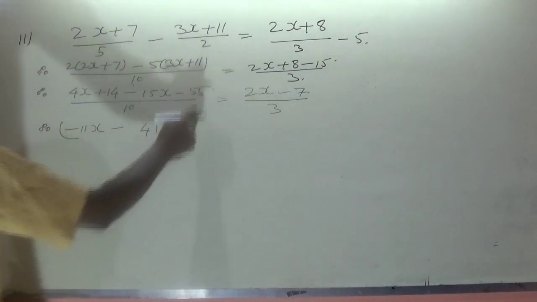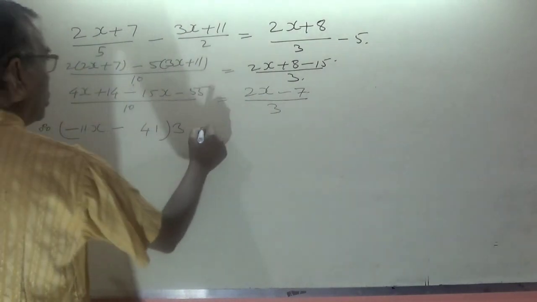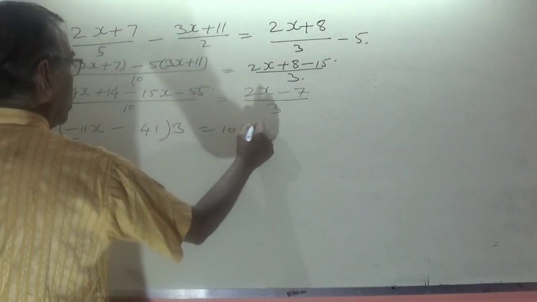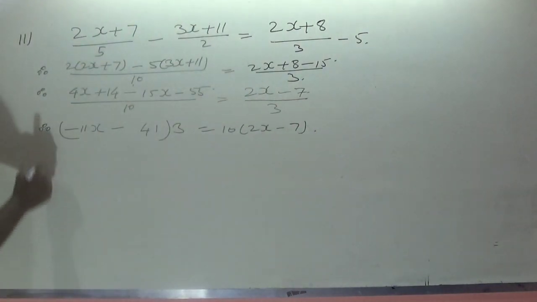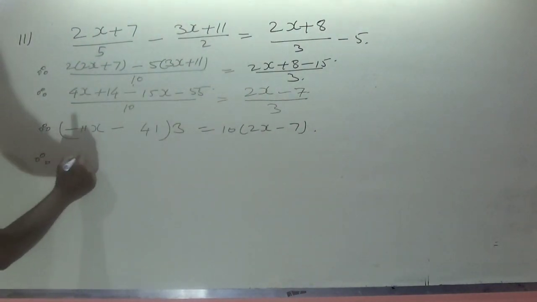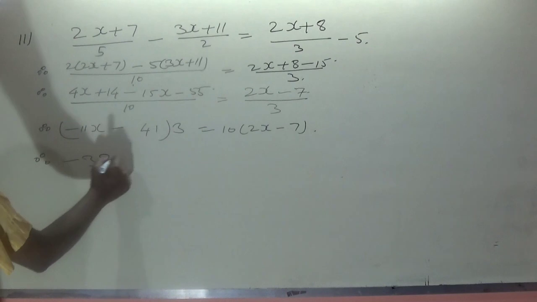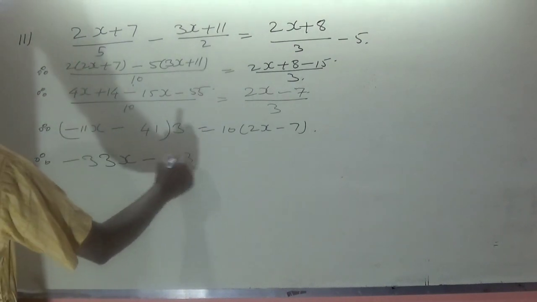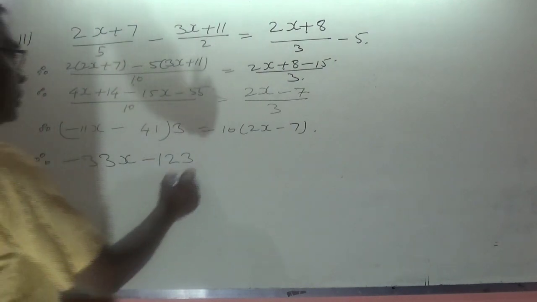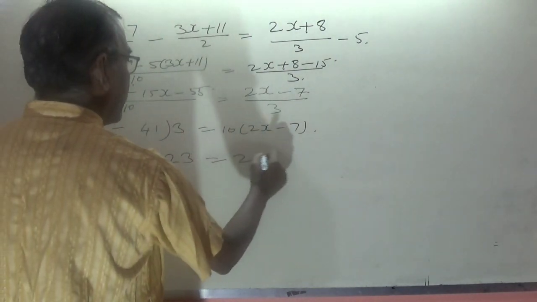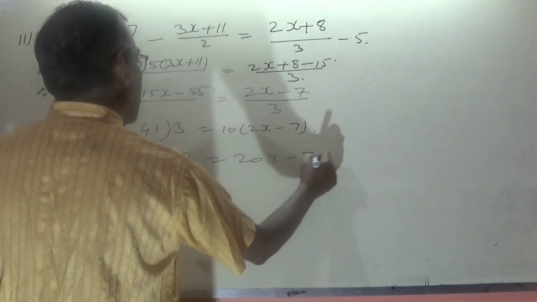Now take the cross multiplication at the same time. 3 is coming here, will be equal to 10 into 2x minus 7. Therefore, minus 33x minus 3 ones are 3, 3 fours are 123, equal to 20x minus 70.